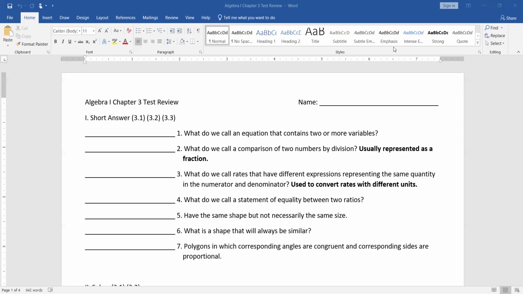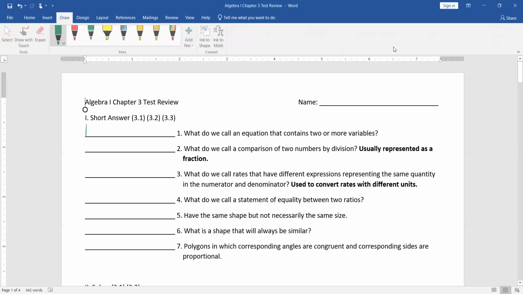So an equation that contains two or more variables, hopefully you remember, is what we call a linear equation. I cannot talk and write at the same time, so I'm not even going to try. This is a lot of your physics or laws of motion equations, the Pythagorean theorem, and all of its various forms. And you remember, and we'll do some practice, where you have multiple variables and you're having to solve for one particular variable.